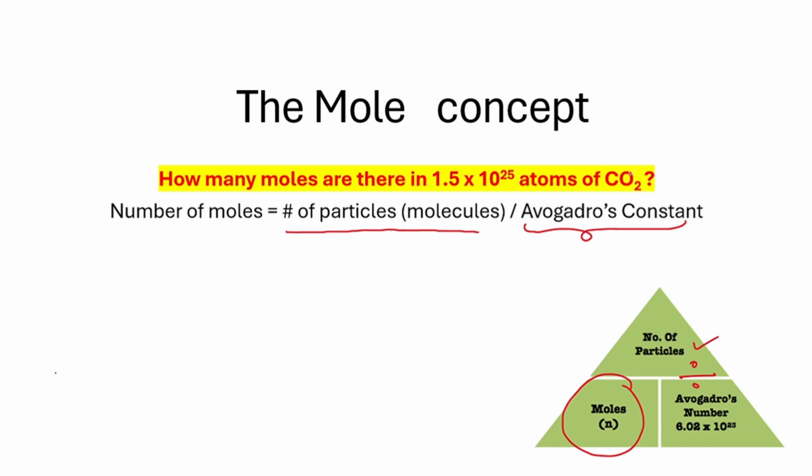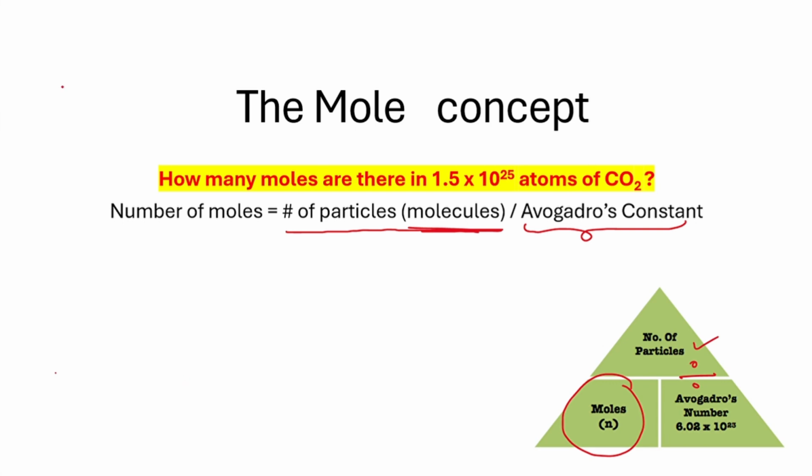But because it is carbon dioxide, which is a covalent compound, the particles we need to put down over here are molecules. But we haven't been given the molecules. We have been given the number of atoms.